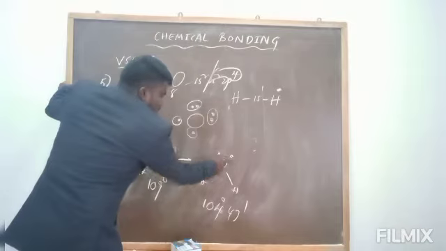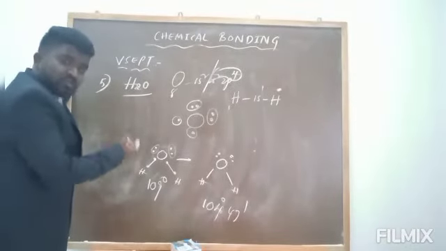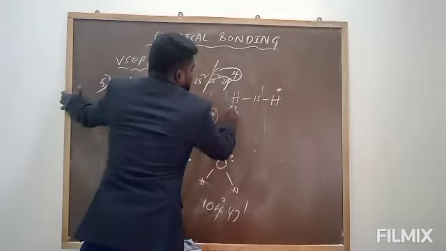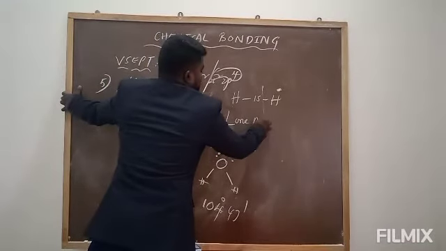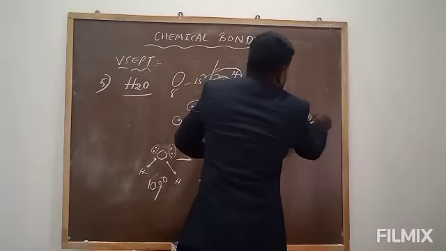Here two lone pairs are there. So which type of repulsions are there in this water molecule? Lone pair repulsions.